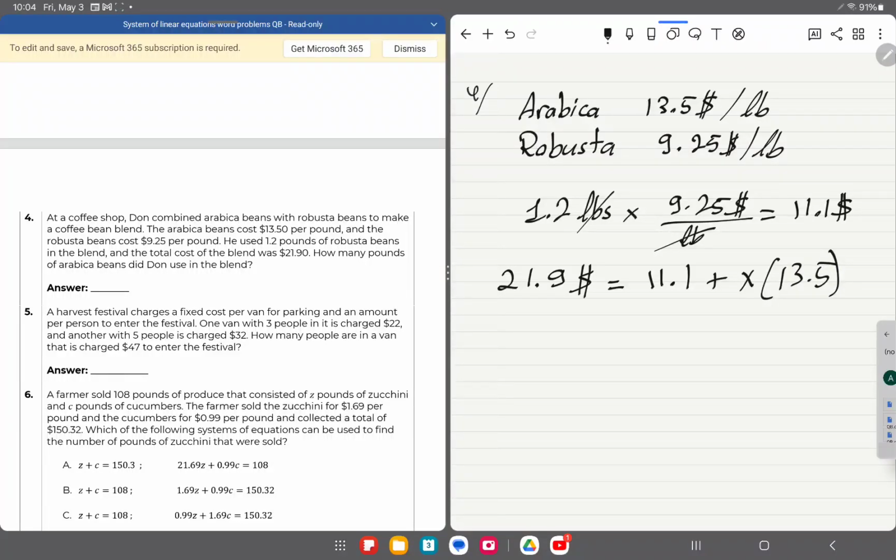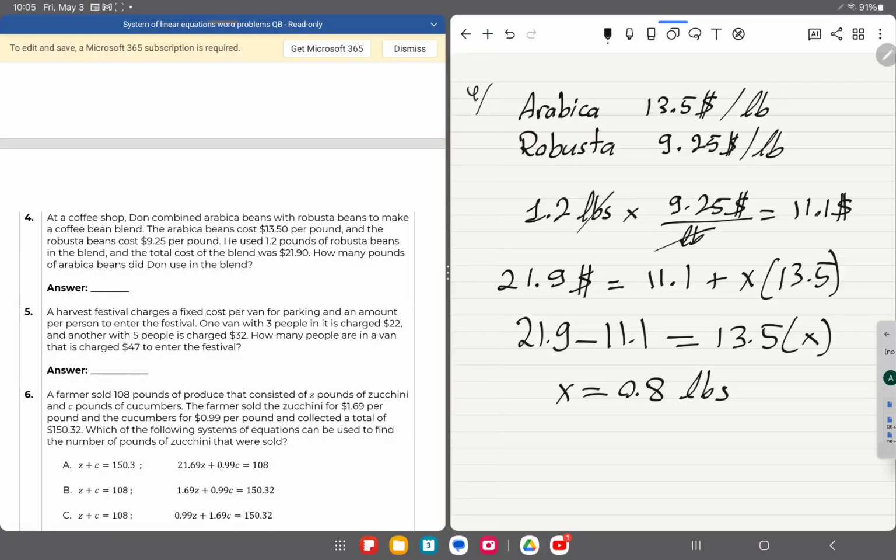Now, per pound, 21.9 minus 11.1 is equal to 13.5x. So 21.9 minus 11.1 divided by 13.5 gives x equal to 0.8 pounds. How did we get pounds at the end?